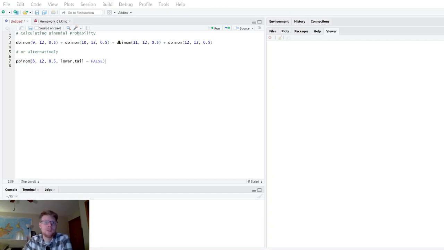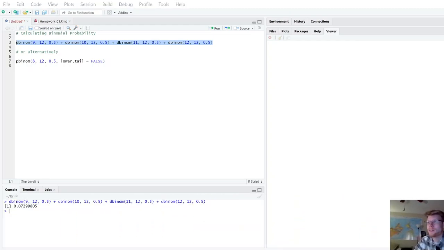D-binom would be for very specific ones, like the particular bar at 9 successes, the probability of getting exactly 10 out of 12, 11 out of 12, or 12 out of 12. If I add these all together, this is going to represent my probability here, which is approximately 7.3%.